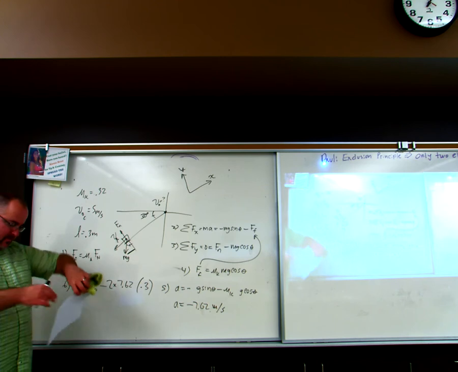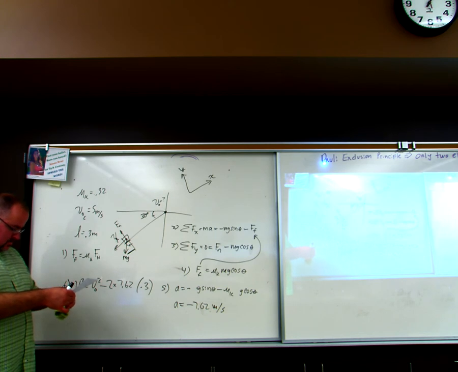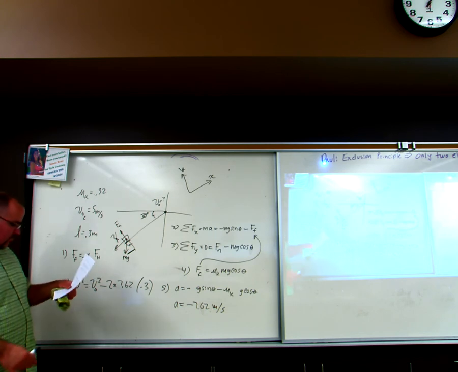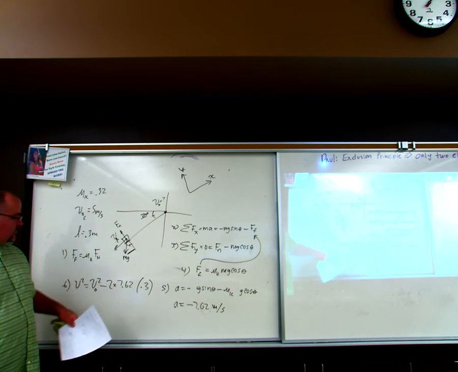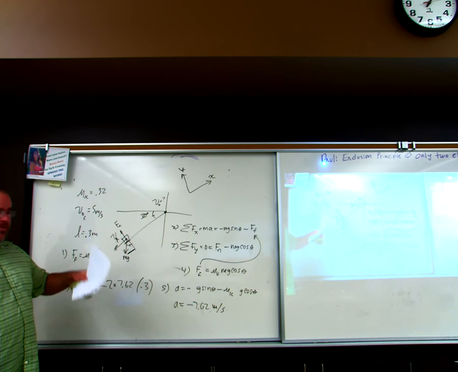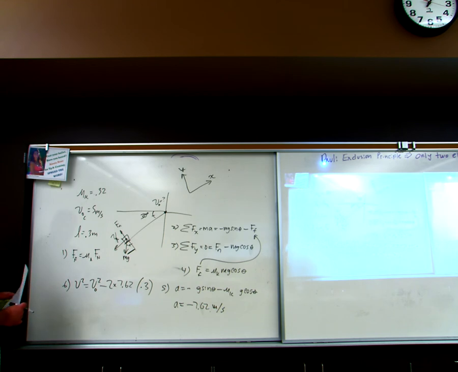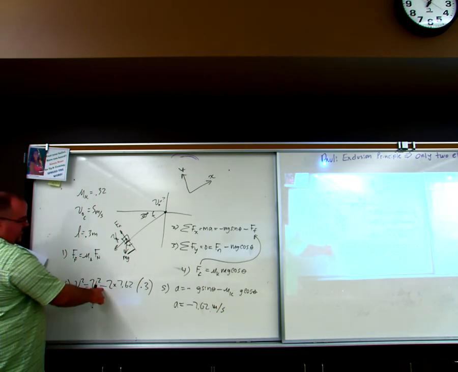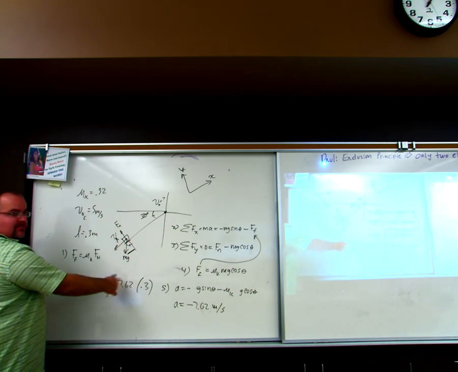That resulted in 25 minus 4.6. Is that 2 times? Yeah, it's 2 times, negative 7.62. It becomes negative because the acceleration was negative. This would have been positive from the canonical equation, but it becomes negative because the 7.62 was negative.